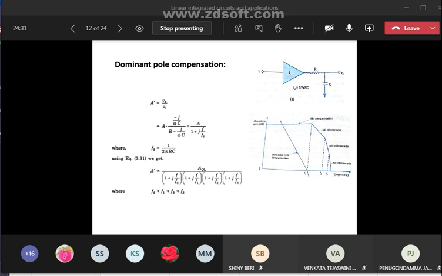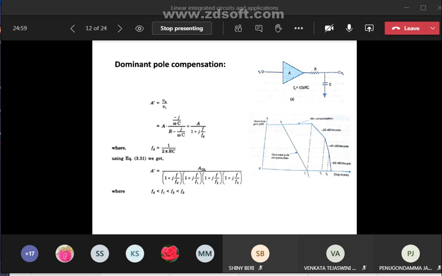So here if you consider three break frequencies, we can write A dash equal to AOL by 1 plus j F by Fd into 1 plus j F by F1 into 1 plus j F by F2 into 1 plus j F by F3. Here Fd is less than F1 is less than F2 is less than F3, right?